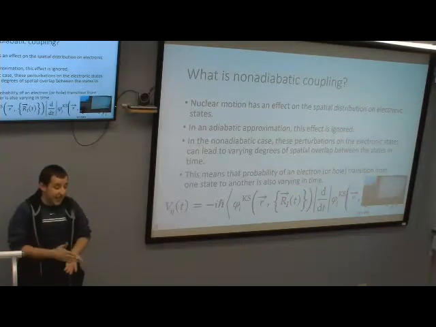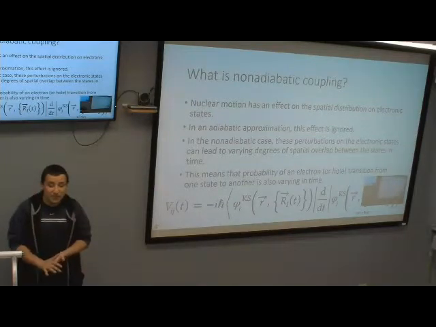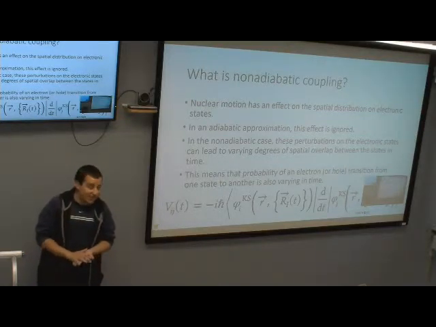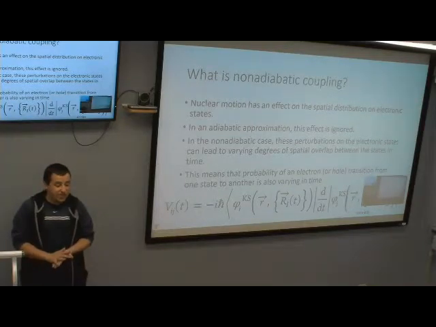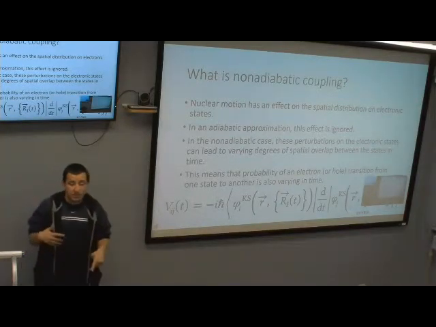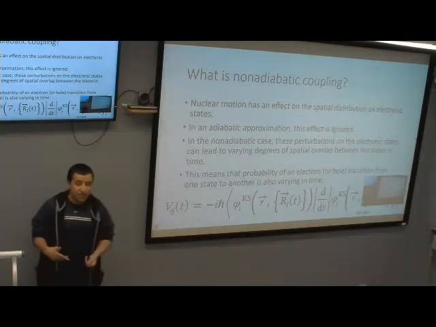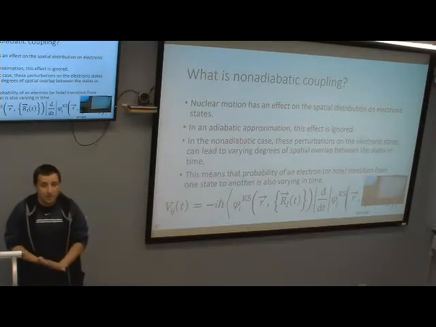So in adiabatic approximations, usually this effect is ignored, but in the non-adiabatic case, the perturbations that these have on the electronic states can lead to varying degrees of spatial overlap between the states over time. So this is also stating that the probability of an electron or a hole going from one state to another can vary in time.